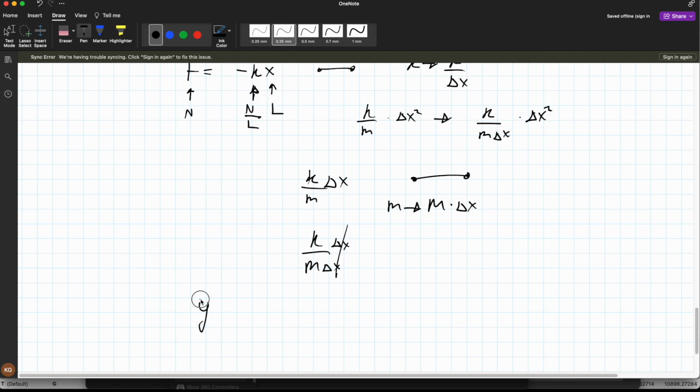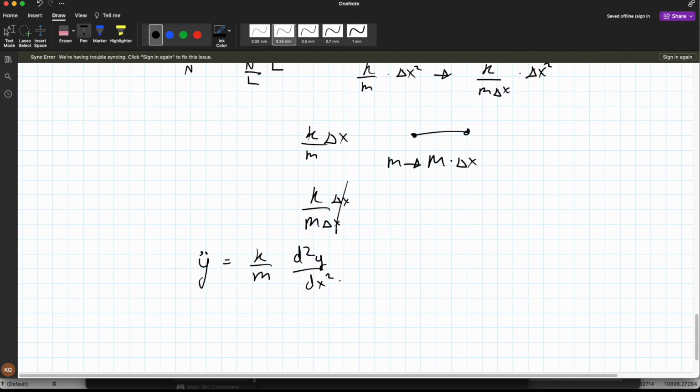We got Y dot dot equals K over M times d squared Y dx squared.